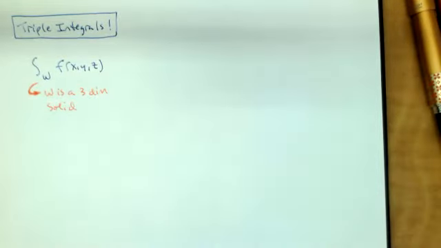This makes sense because W is presumably all the things that I'm going to be plugging into my function, and my function has three variables. So I can only plug in ordered triples, X, Y, and Z. That's what this function needs.